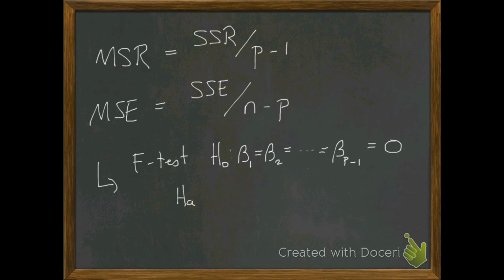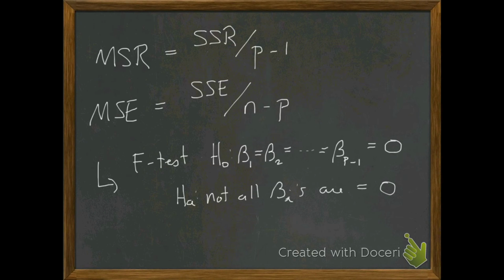H sub A says not all beta sub i's are equal to 0.